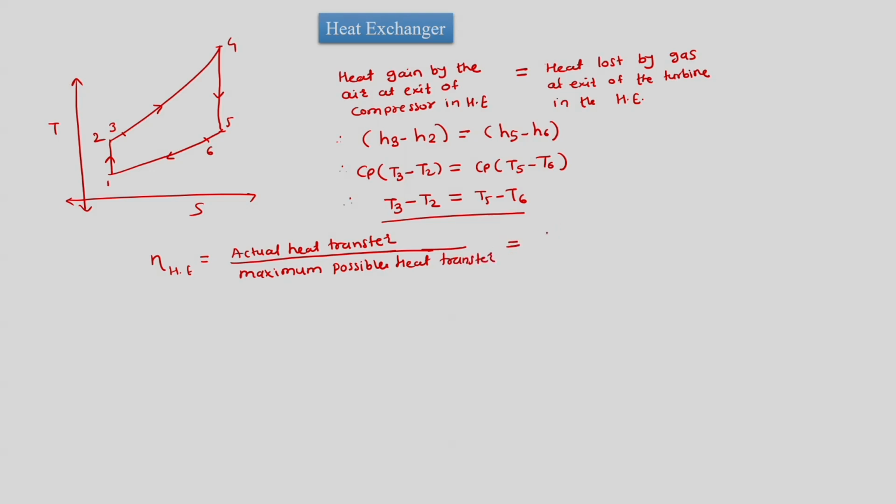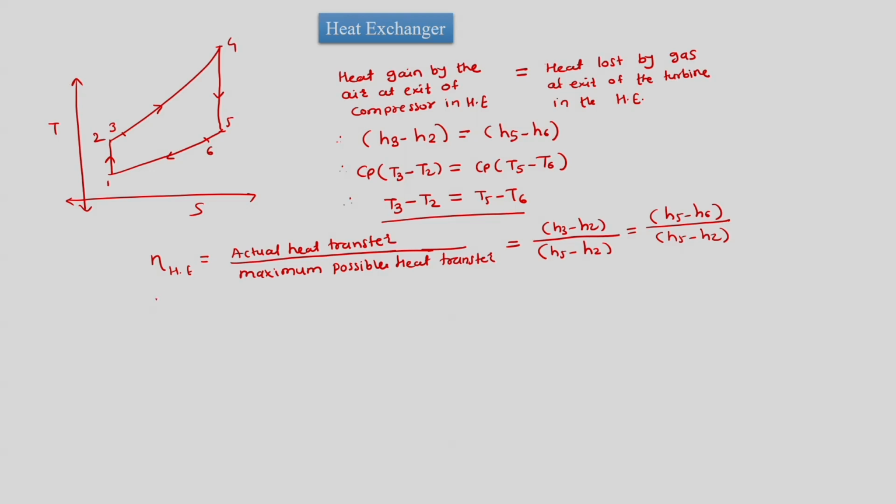So actual heat transfer is H3 minus H2 and maximum possible heat transfer is H5 minus H2, or otherwise this is also actual heat transfer is H5 minus H6 and maximum possible heat transfer is H5 minus H2.